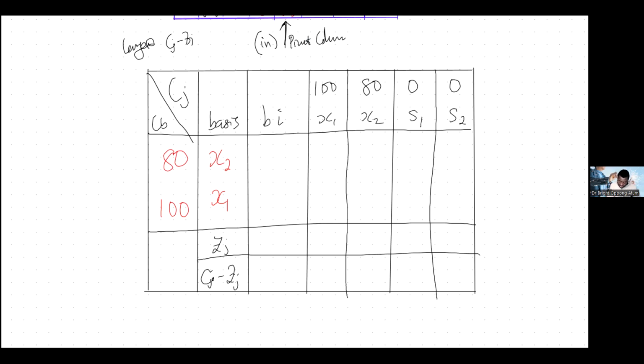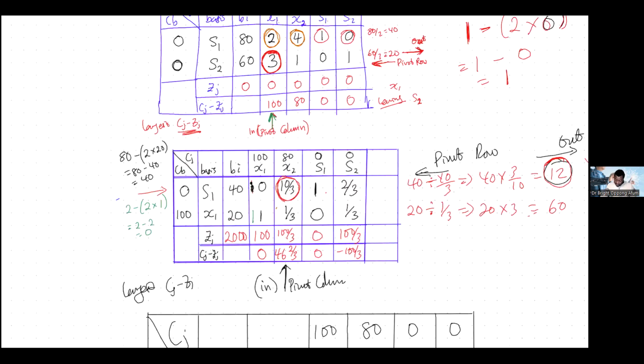Now, when we work on the BI, we got 12, right? It's coming from here because we are dividing the 80 by the 10 on 3. So we'll divide everything in this pivot row by the pivot number, which is 10 on 3.